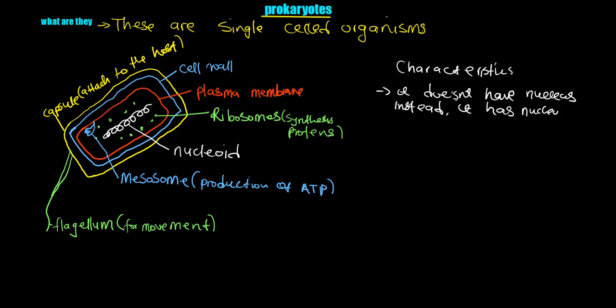So that is the nucleus of this organism. Then the other thing that we can talk of is that it has a cell wall. So we are getting from this now. It has a cell wall. Other cells don't have a cell wall.